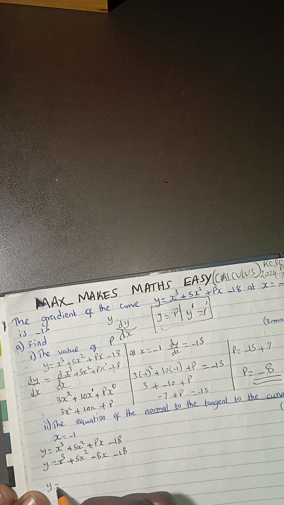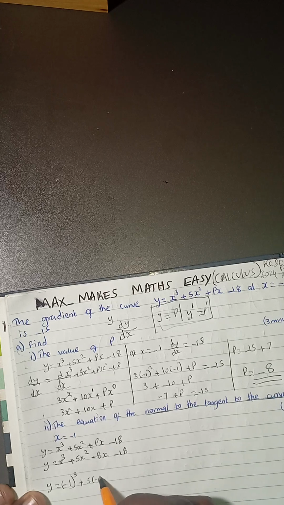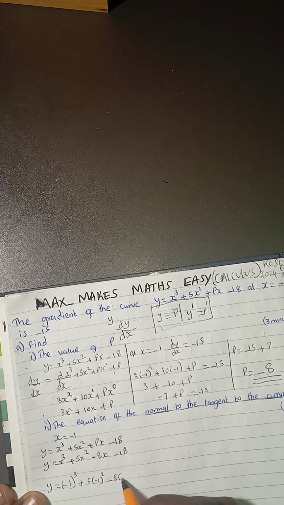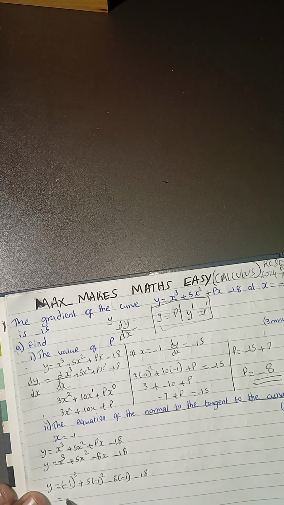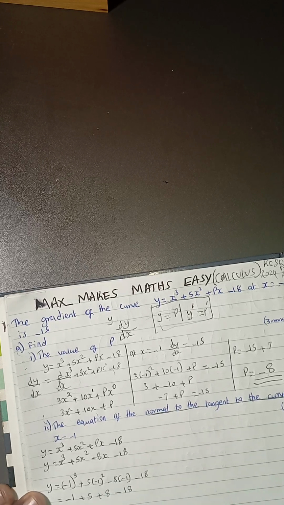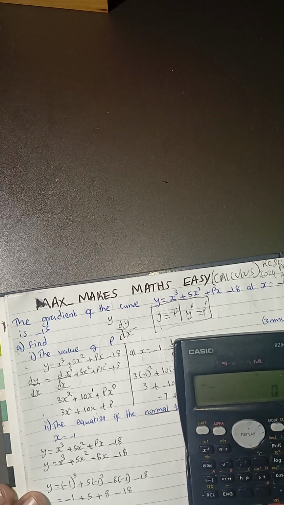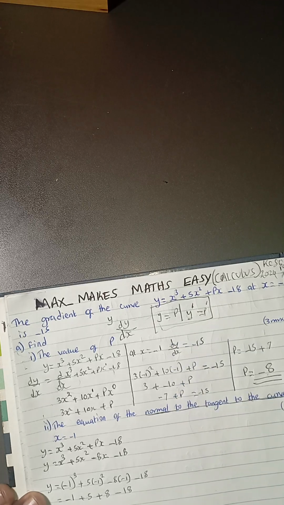So the value of y at x equals negative 1 will be negative 1 cubed plus 5 into negative 1 squared minus 8 into negative 1, then minus 18. That will be negative 1 plus 5 plus 8 minus 18, which is negative 6.